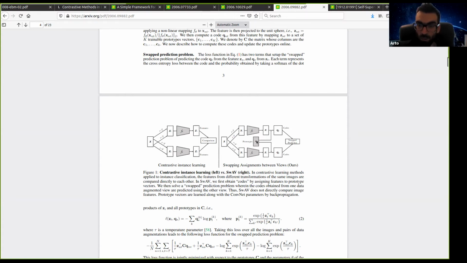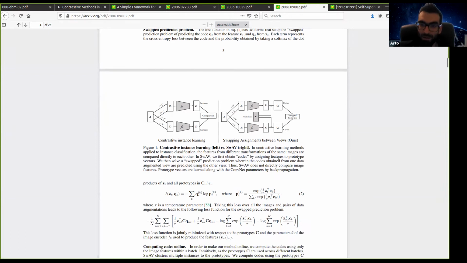In this way, we obtain the codes, and we want both augmented versions to be assigned to the same cluster, right? And again, in such a way, we can do this self-supervised training without negative samples.